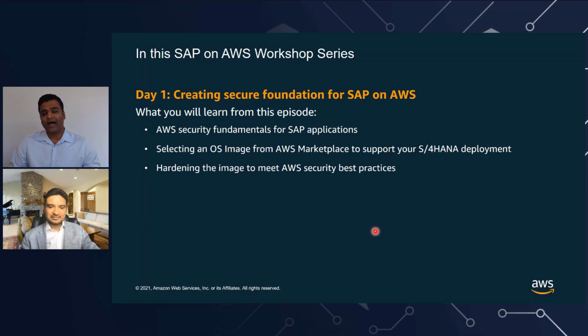And after that, Sunil is going to demonstrate how you can select an operating system from the AWS Marketplace and then harden it according to the CIS standards. And Sunil is also going to share some best practices and recommendations around how you can utilize AWS services like SSM to further operate your SAP workloads more securely.